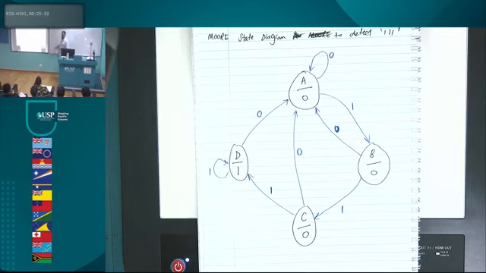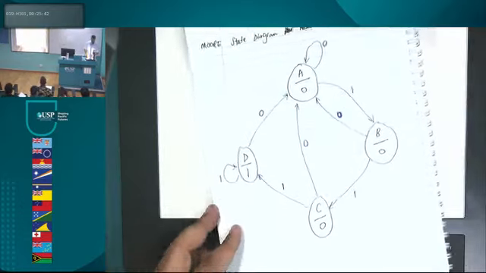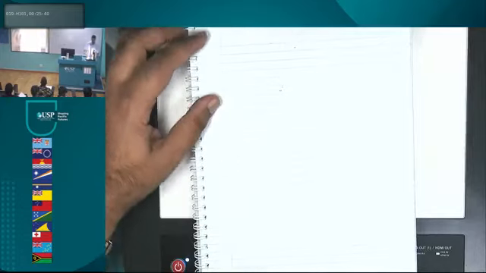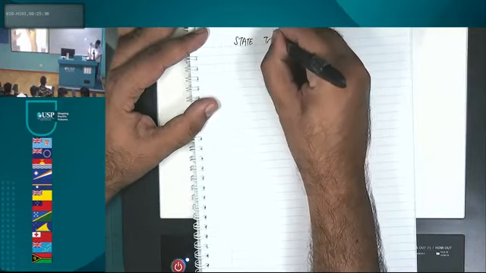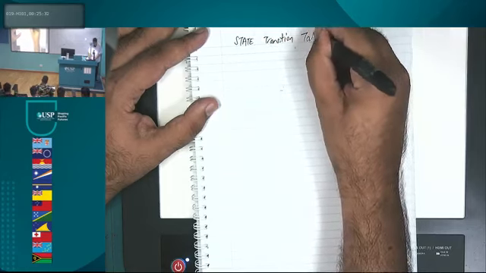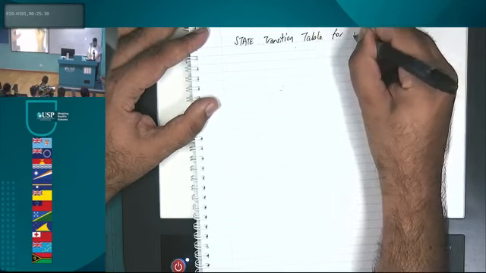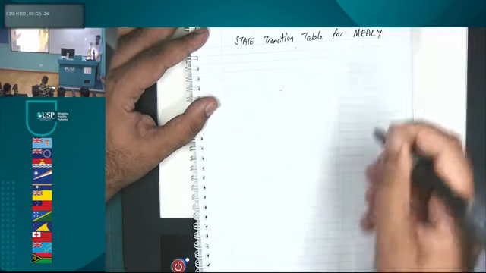That's our state diagram for the Moore. So can you see it with the Mealy and the Moore? Now, what's the next step? So we're going to complete the entire problem, right? Okay. What's the next step? The next step is the state transition table for Mealy.